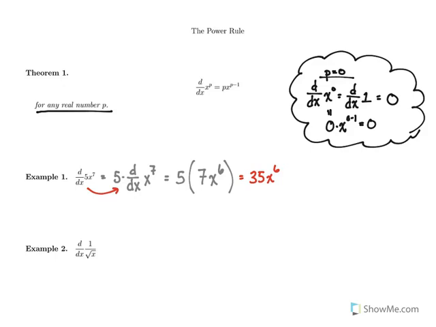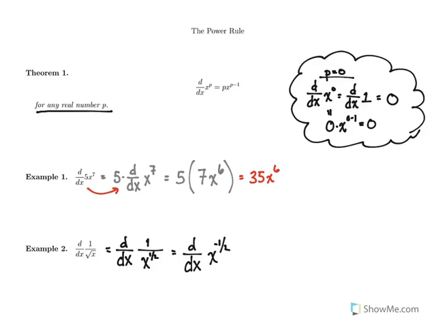All right, the next example does not look like x to a power, but we can use some algebra here to rewrite it as x to a power. So first of all, note that this is the same thing as the derivative of 1 over x to the 1/2 power, as that's what a square root is telling us. And then note that we can write 1 over x to the 1/2 as x to the negative 1/2.